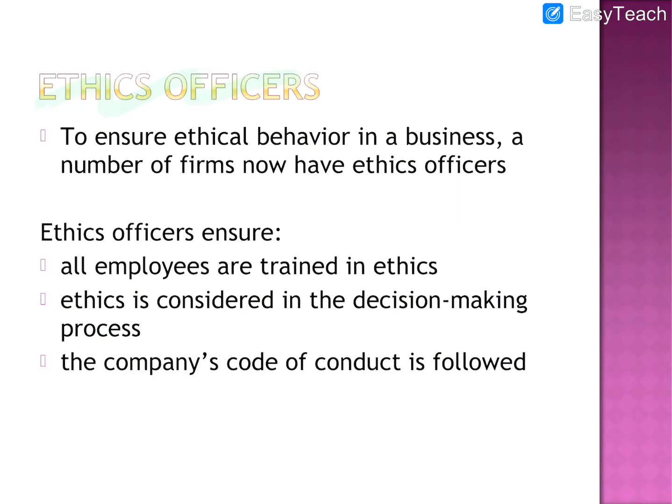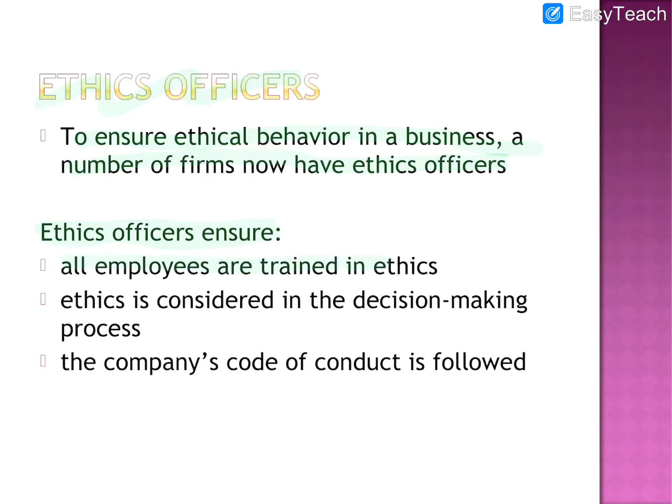Then we have the ethics officer. The ethics officer's responsibility is to ensure ethical behavior in the business. A number of firms should have an ethics officer. There are a few responsibilities of the ethics officer.